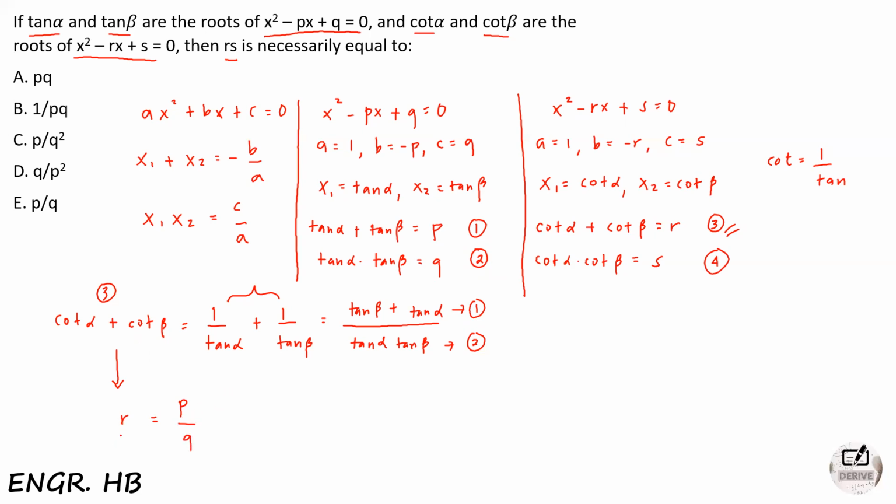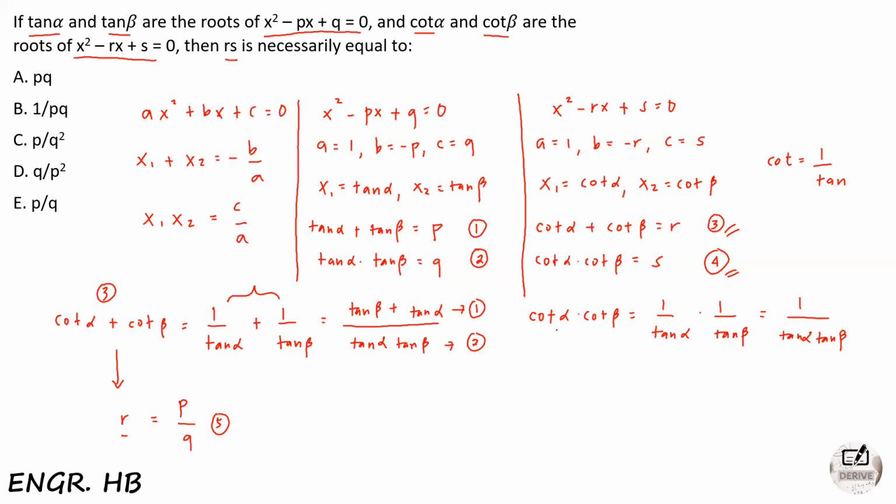So we already have r. Let's call this r equation 5. Only s is missing. Where can we get s? We used equation 3 earlier, so we can use equation 4. Again, cotangent is equal to 1 over tangent, so cotangent alpha multiplied by cotangent beta is equal to 1 over tangent alpha multiplied by 1 over tangent beta, or simply 1 over tangent alpha tangent beta.